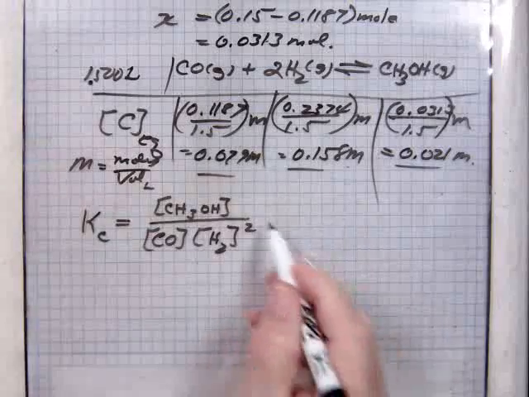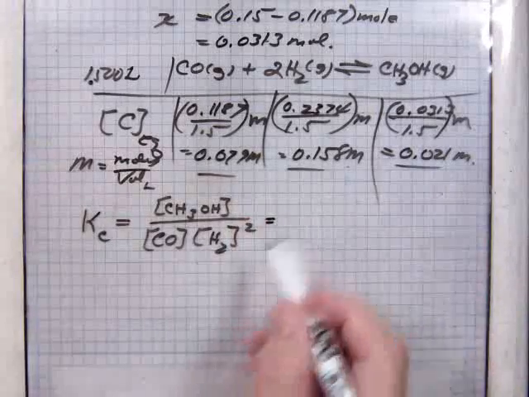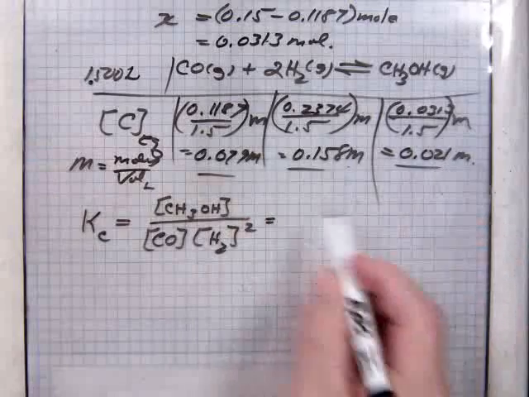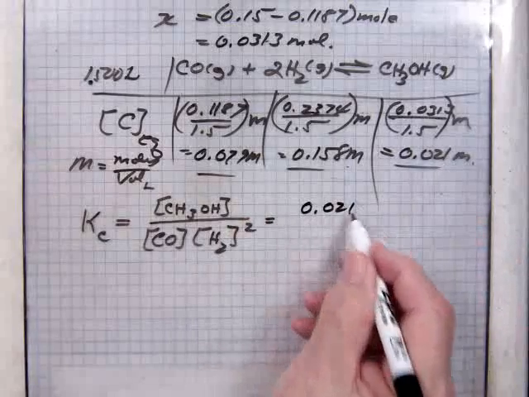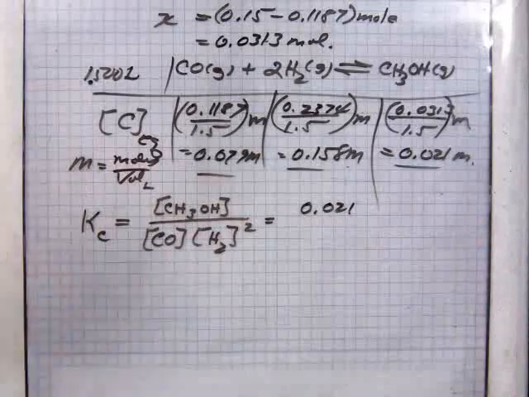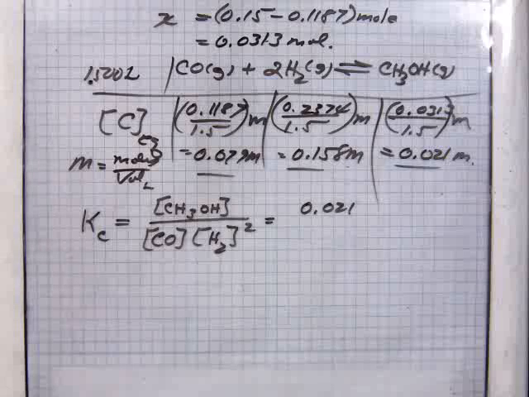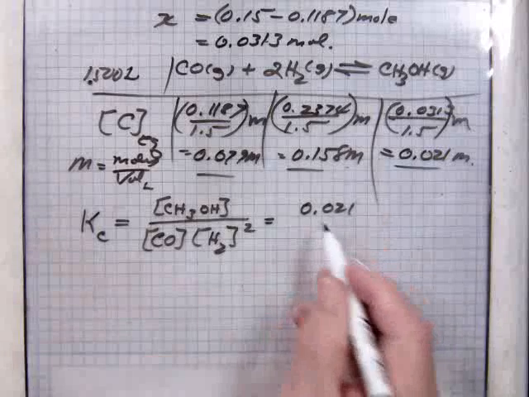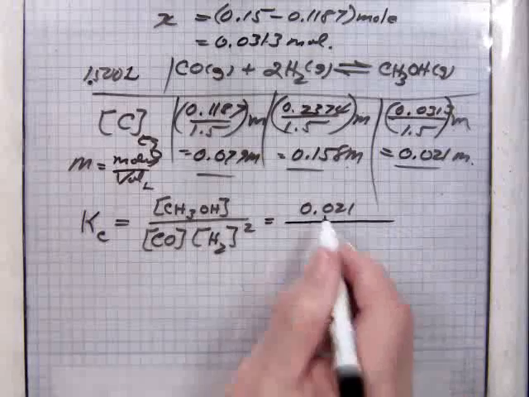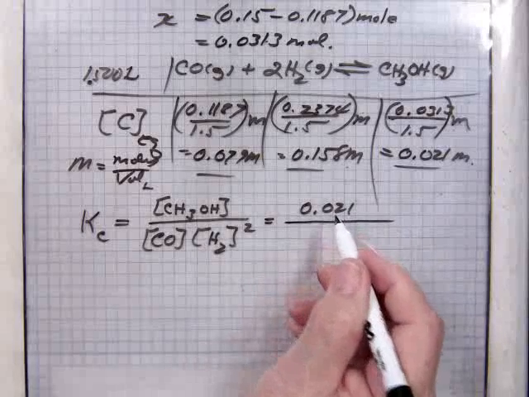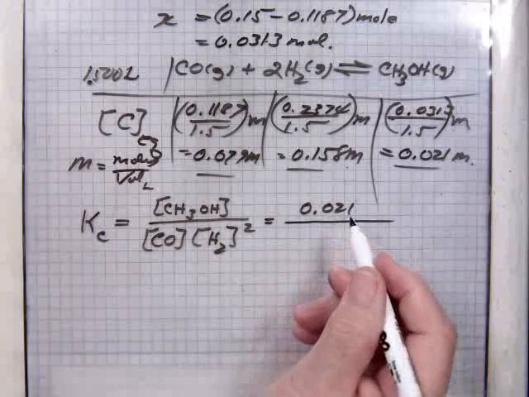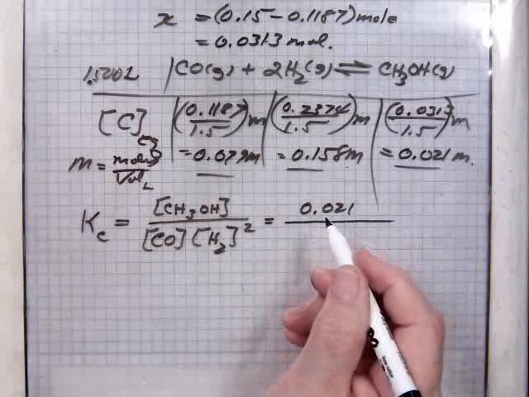And so we extract the appropriate numbers. Methanol is 0.021, and you could drop the units because the magnitude is the only thing of significance. Now, maybe the test will ask you what the units of this are, but it really isn't significant relative to answering questions about the reaction.